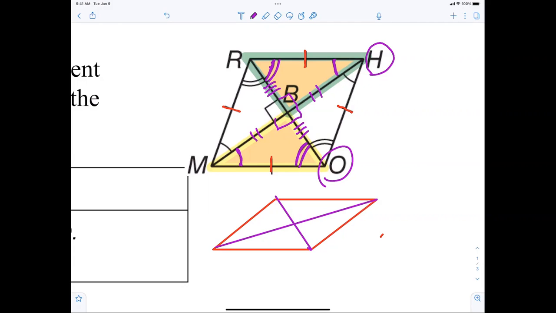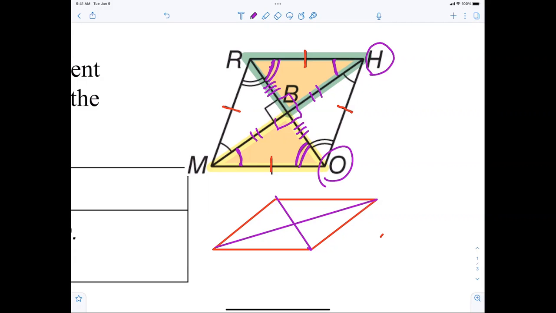Now, again, I'm really trying to show you how we can tell that the top triangle is definitely congruent to the bottom triangle, and the right and left triangle are also equal, but all four triangles are technically equal. Does everybody agree with that?